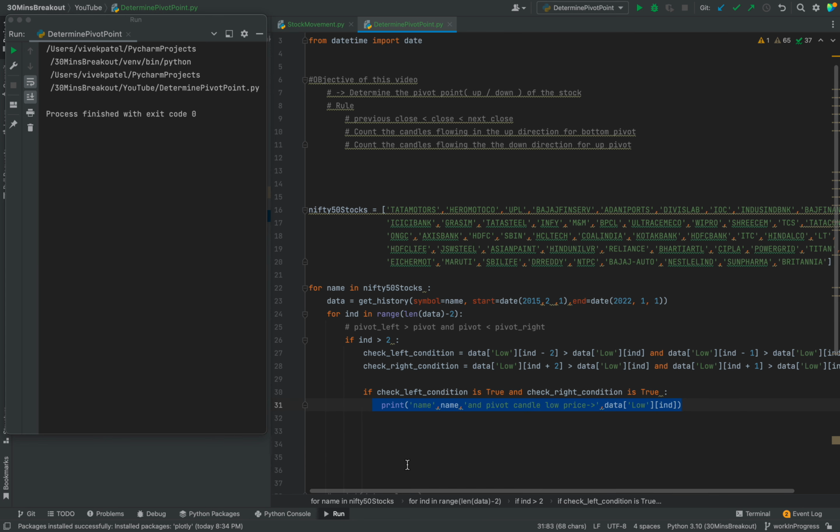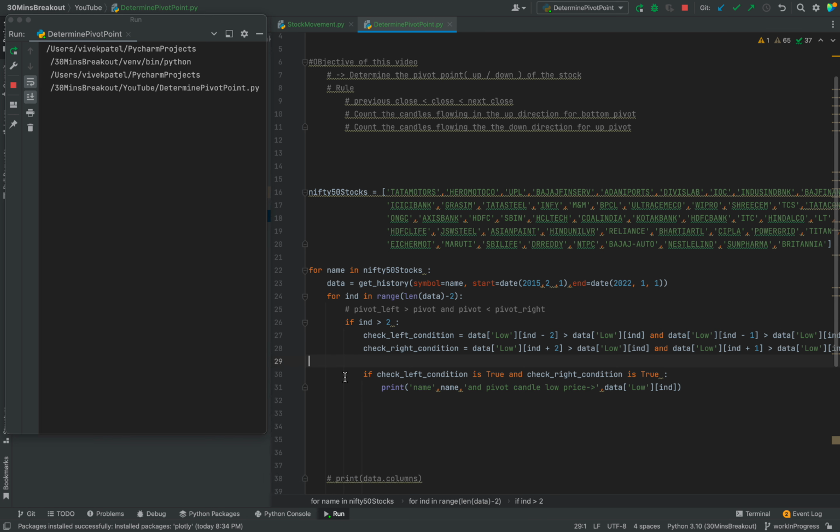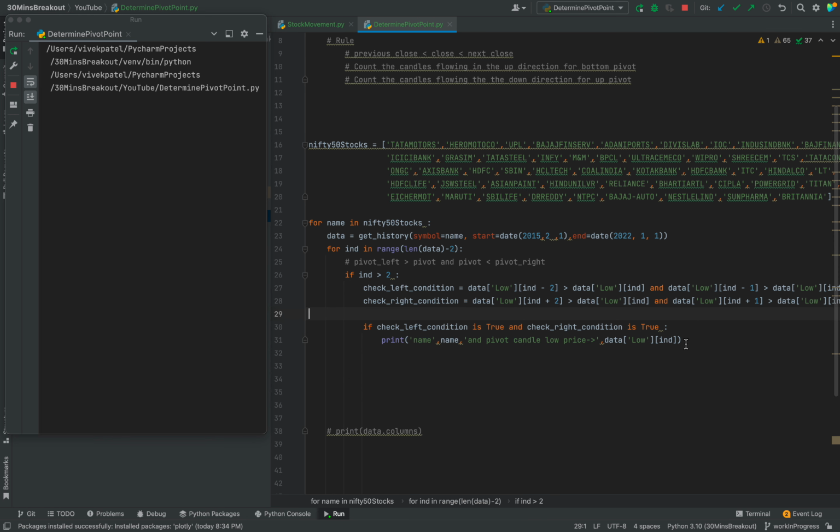So let's run the code. It's not printing anything, just checking in the loop.